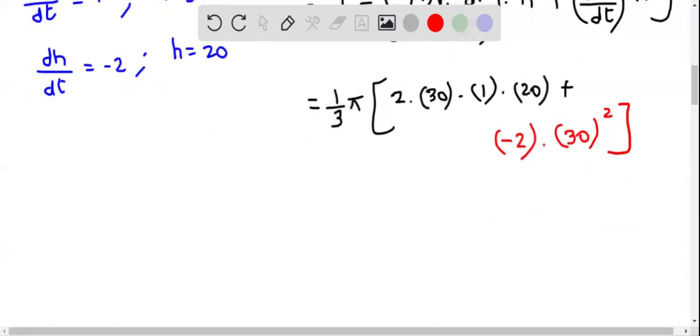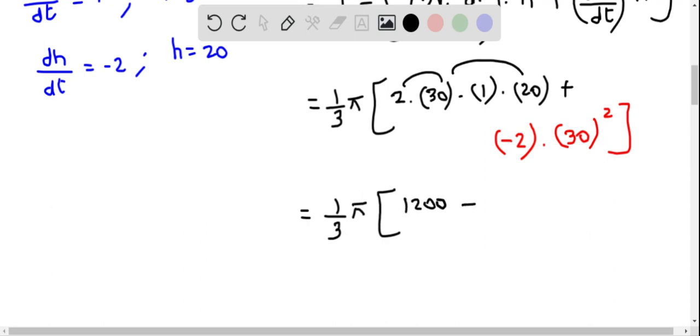We will simplify this. This is going to result as 1/3 pi times 2 times 30, which is 60. 60 times 20 is 1200, minus, because we have -2, this 30 squared is 900, and 900 times -2 is 1800. So 1200 minus 1800 is -600.